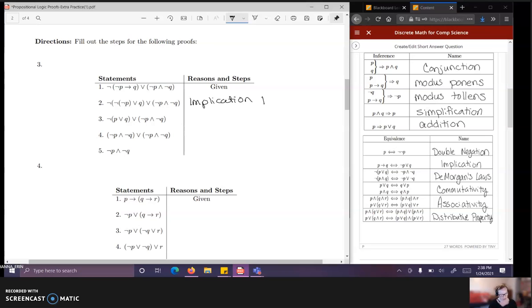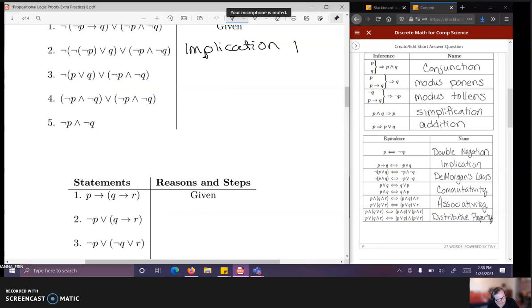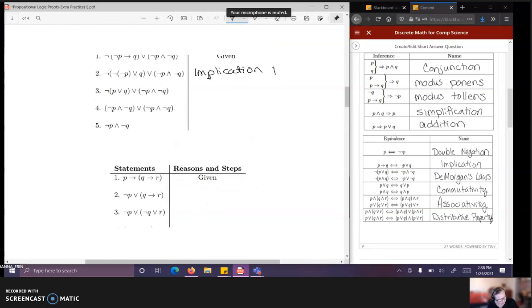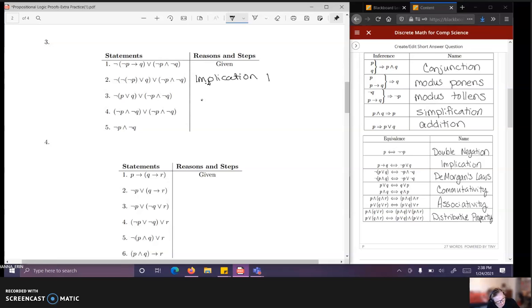From line 2 to line 3, we want to look at some differences. The or in the middle does not change, and the piece in the back does not get changed either. So again, the main thing we're looking at is this piece in the front. The not in the front stays the same. The or Q is the same.